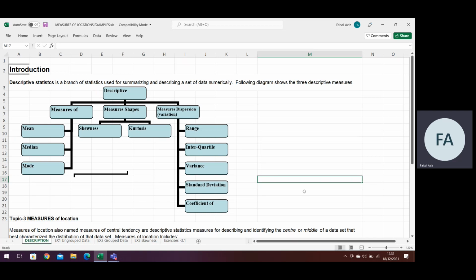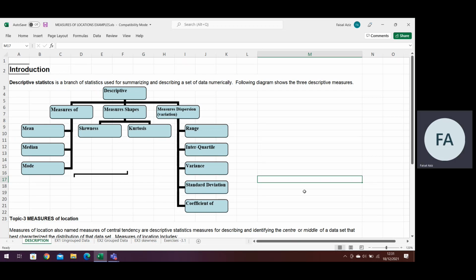But if there is a tail of the data towards the right side and the mound shape is towards the left side, we call this type of distribution positively skewed. If the tail of the data is towards the left side, we call it negatively skewed. And similarly, the kurtosis. All these things I will explain in the middle of my discussion.